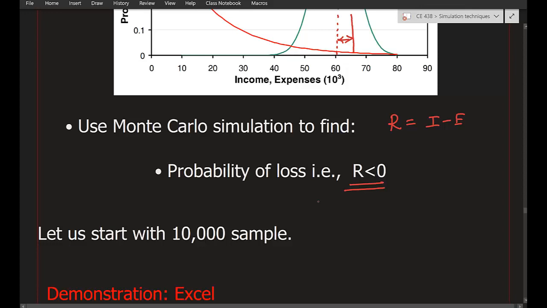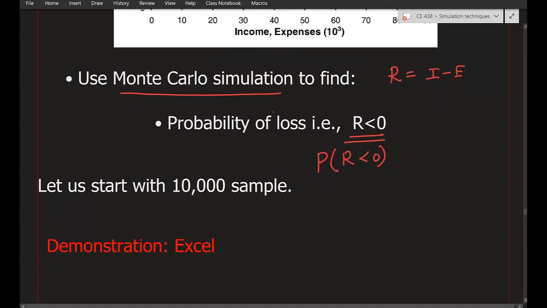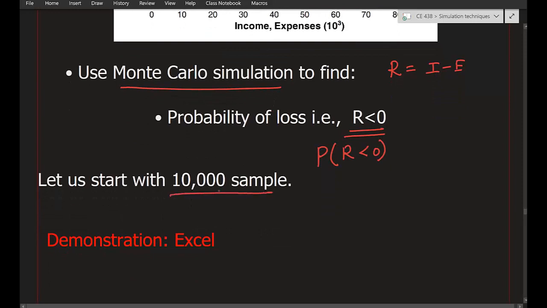So we have to find the probability of R less than 0, and we have to use the Monte Carlo simulation method to find the solution for this example. So let's take the first 10,000 samples and we will use an Excel sheet to calculate the probability of loss. So let us use the Excel sheet.